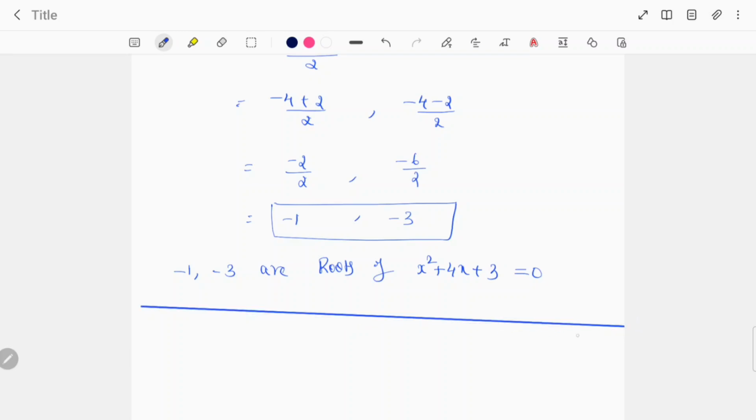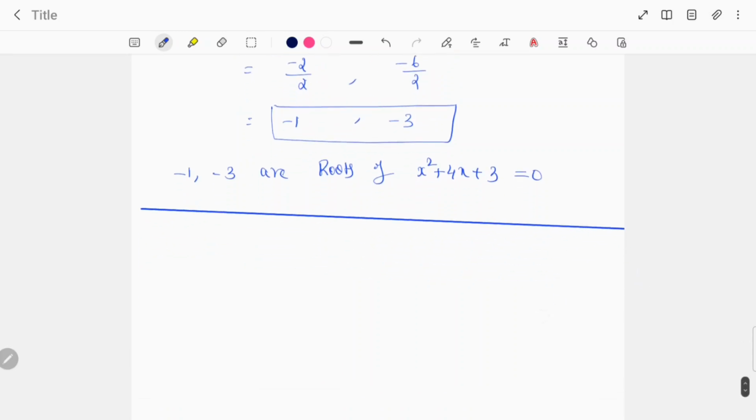So now I am giving one question, children. Can you please try this? Find the roots of x² − 11x + 28 = 0 by using the quadratic formula method.